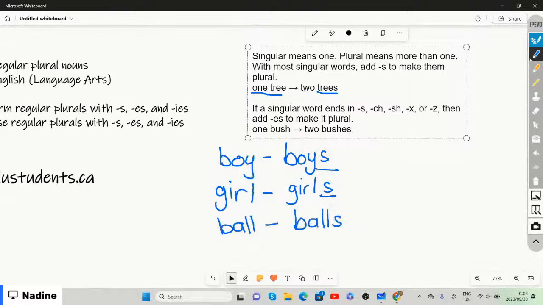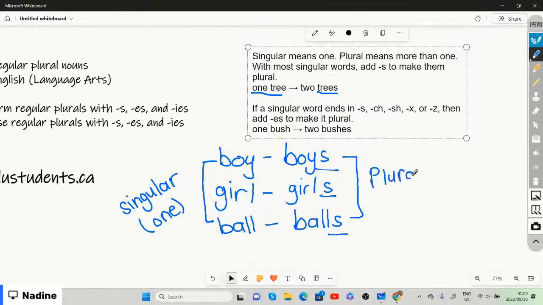And we just added an S. So these words are singular, which means one, and the words on the other side, where we added an S, are plural, and it means more than one. Here we basically just added an S to show the plural form of the singular word.